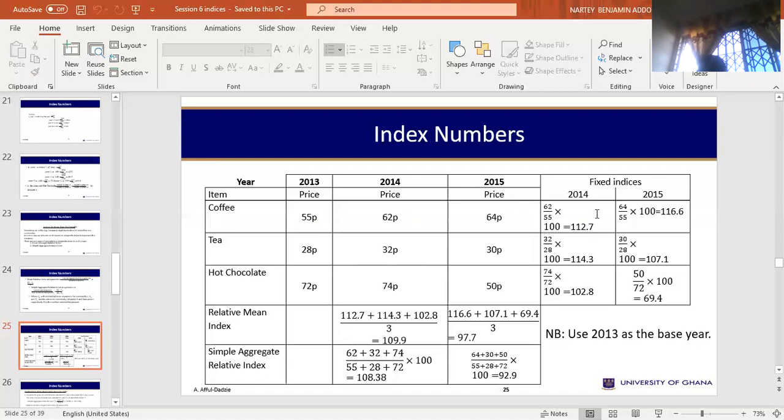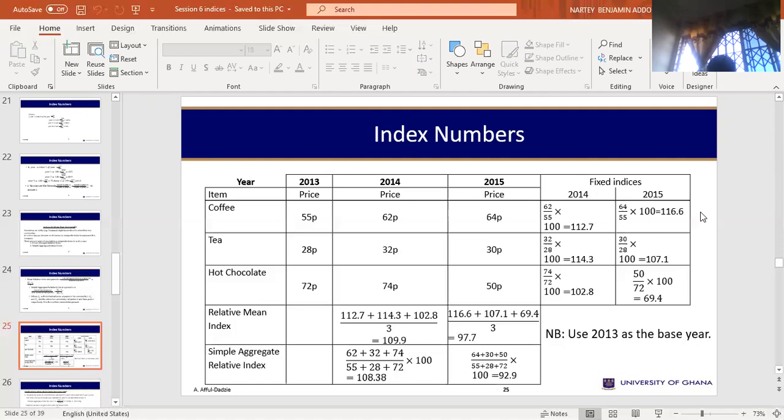So if you want to compute the fixed indices, then we are relating all the indices to 2013, because 2013 will be the fixed base. So for 2014, it will be 62 over 55 times 100, and that will give us 112.7. And for 2015, it will be 64 over 55 times 100, so that will be 116.6.